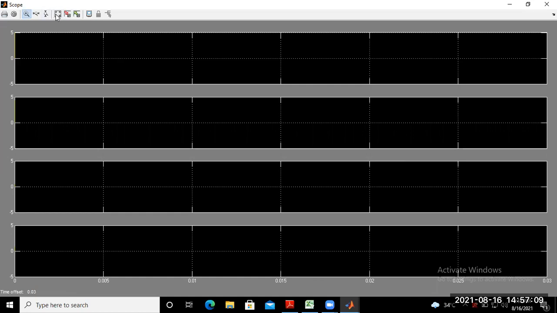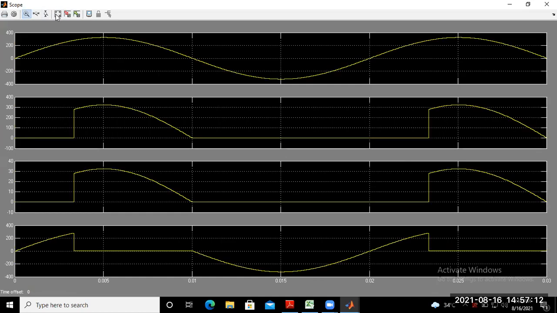You again go for the auto scale. Okay, now this is your waveform for the voltage across the thyristor. So this one is your fourth one. That means this voltmeter is connected, and this waveform is showing the voltage across the thyristor.